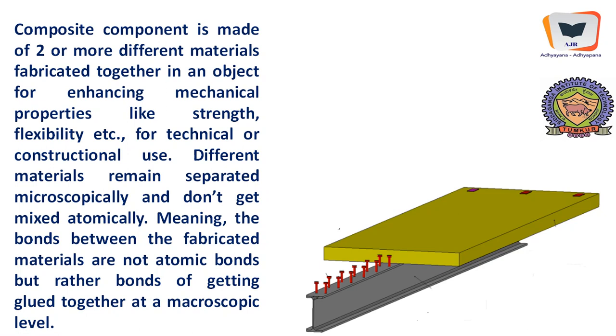Therefore, whenever a component is subjected to both compression and tension, it is the responsibility of the concrete portion to take up the substantial portion of compression, while huge tension will be taken by the steel.